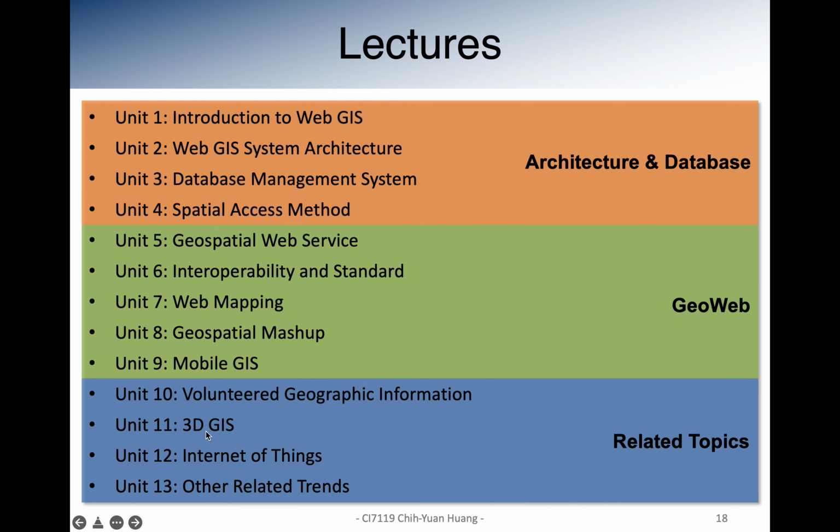And in Unit 11, we will talk about 3D GIS. Although the term is about 3D GIS, we are not going to talk about how to use geospatial data to reconstruct three-dimensional models. For example, how to use photogrammetry technology to construct building models, or how to use LiDAR point clouds to create building models or other types of models.